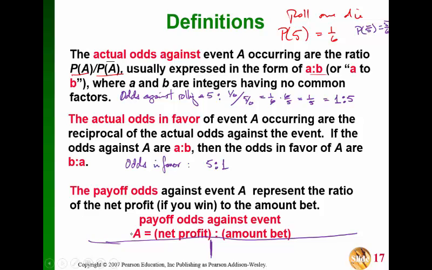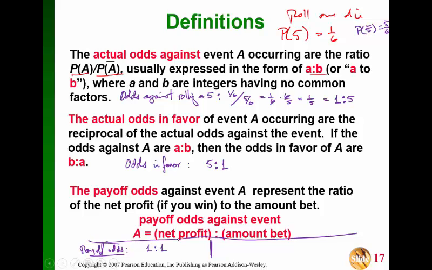So, the payoff odds against an event, this is usually how they do things in casinos. When they say the odds are 2-1, or the odds are 1-1, those are payoff odds. That first scenario that I gave you, where if you win, then I give you $1 for each $1 bet, that's 1-1 payoff odds.